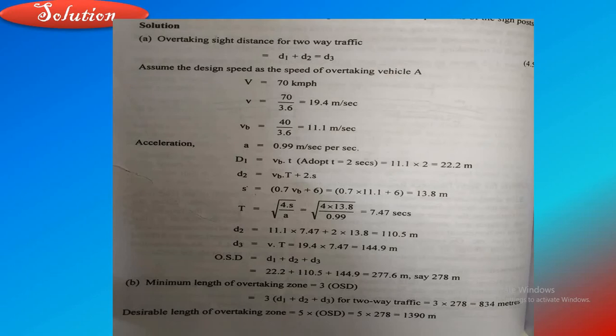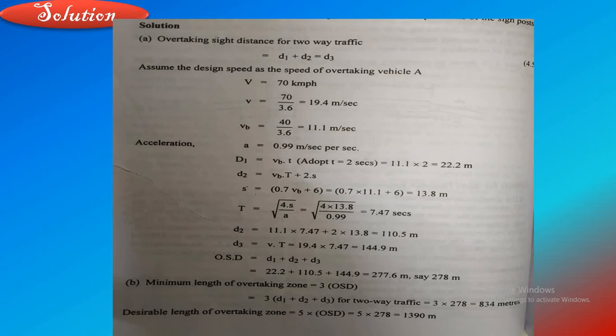So here we need to calculate all the values of D1, D2 and D3. We will calculate accordingly. D1 formula is Vb into T, that is a formula we know very well from the derivation.